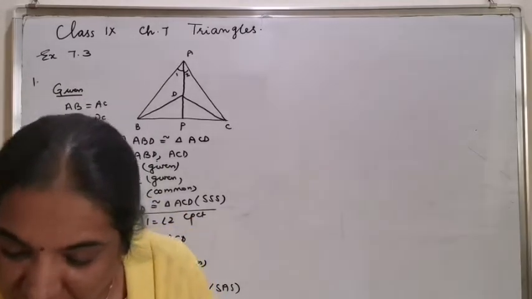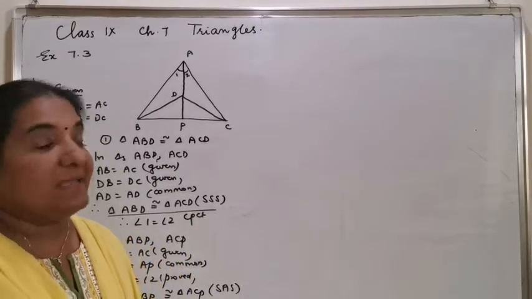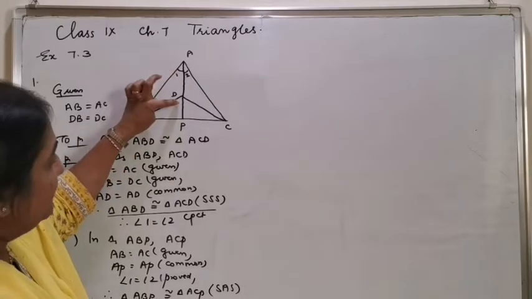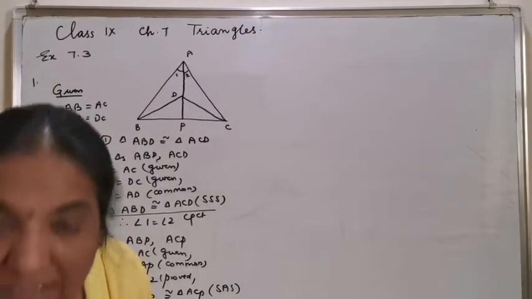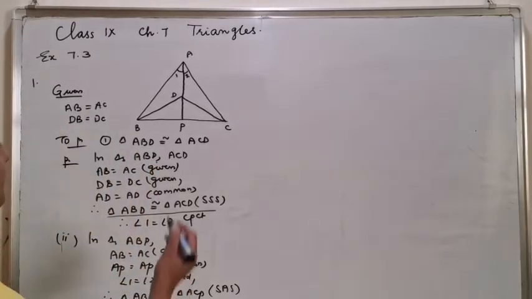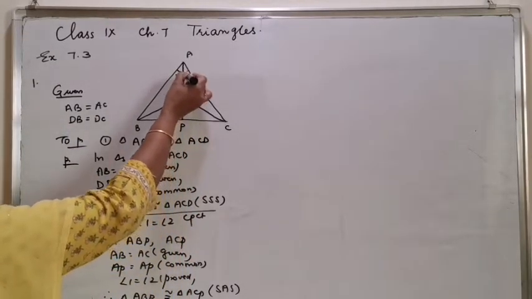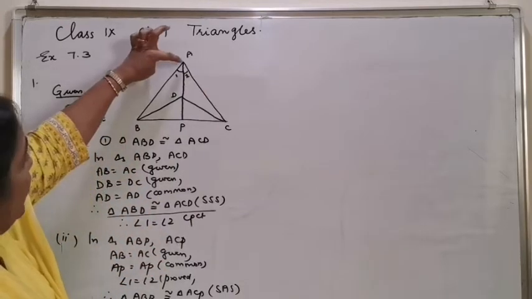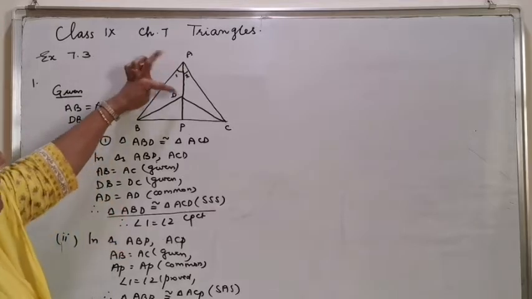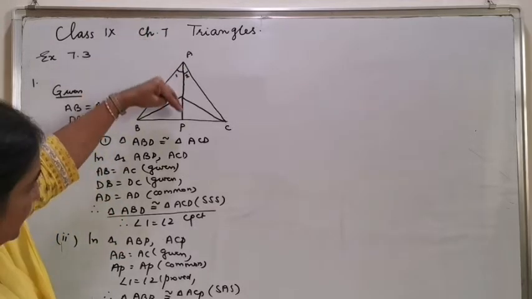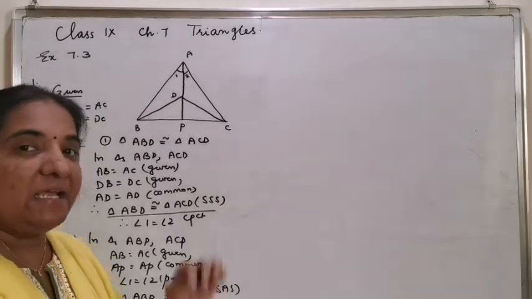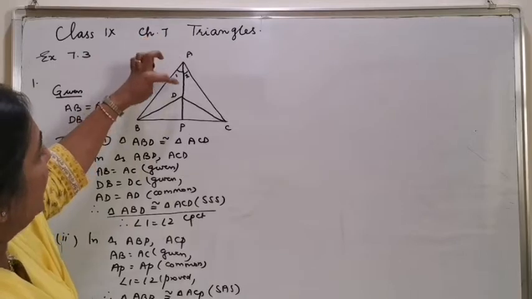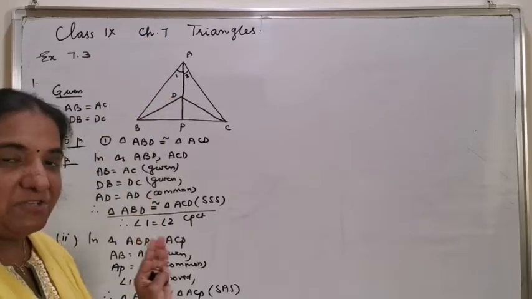Next, we have to show that AP bisects angle A as well as it bisects angle D also. Now, angle 1 is equal to angle 2 as we proved here, which definitely shows that AD bisects angle A. Since it is the same line, because in the question it is given that AD is extended to the point P, it is very well understood that A, D, P are all in a straight line.